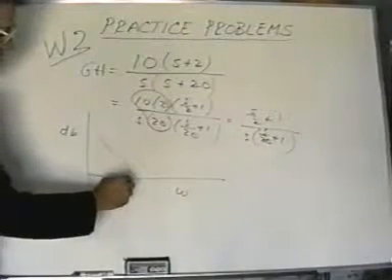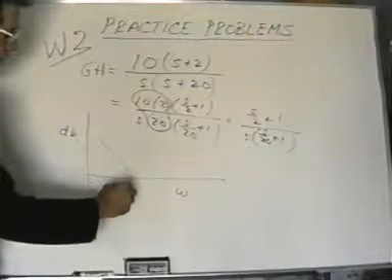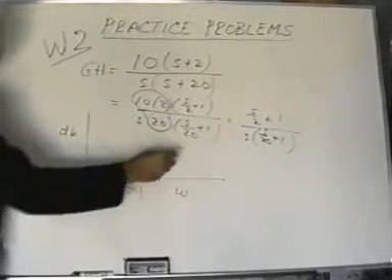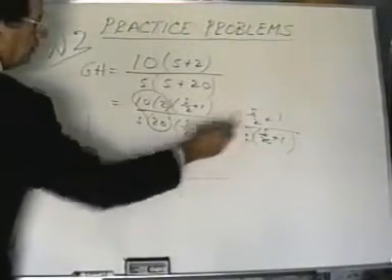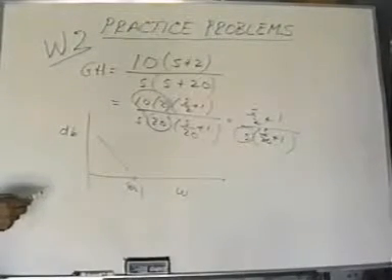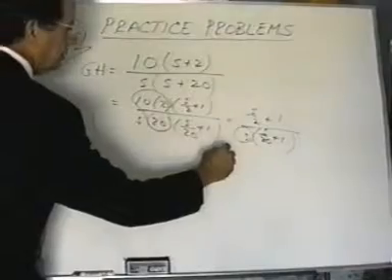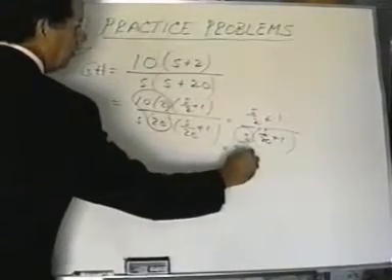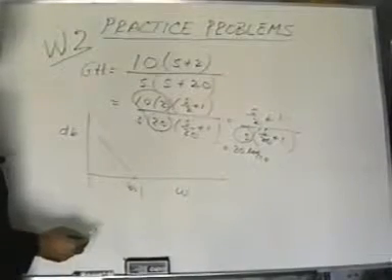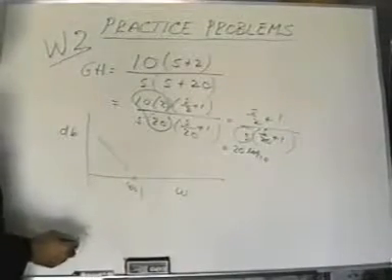So the point is, I look to see where omega is equal to 1. Because at omega equal to 1, this term in here will cause the gain to be equal to 0 dB. Remember now, this is equal to 20 log base 10. The constant is equal to 1, so it'll contribute nothing in terms of decibels.